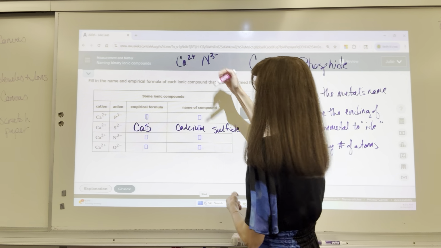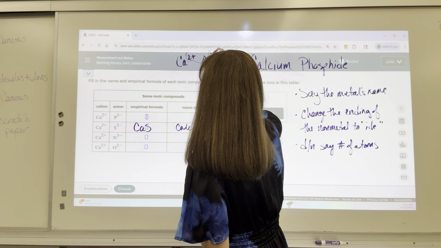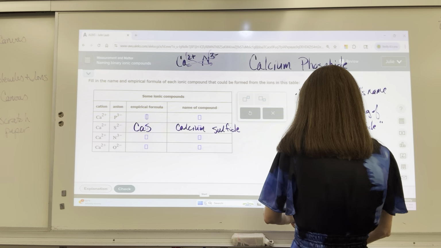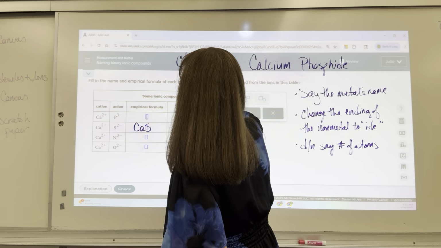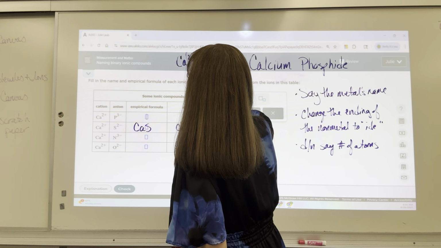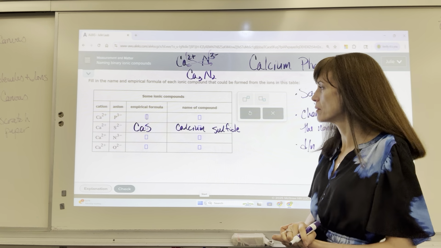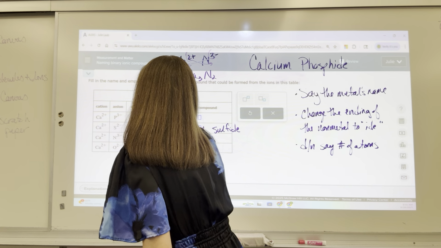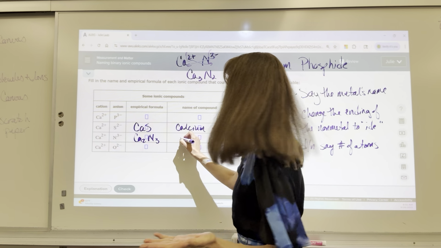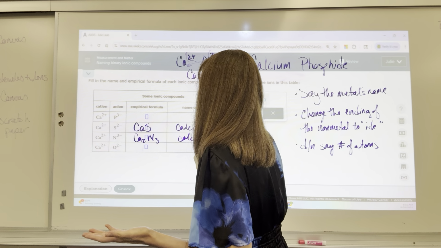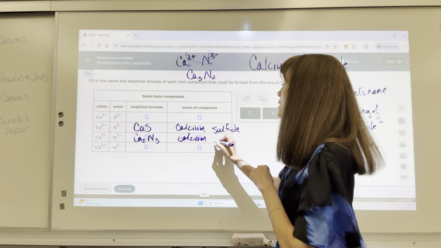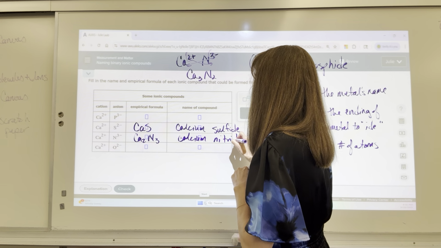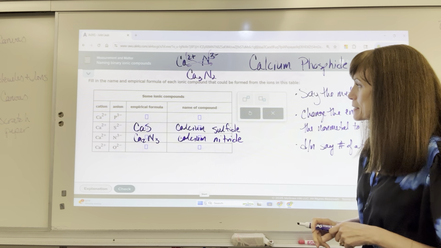We'll cross down our charges, cross down that 2, cross down that 3, and we end up with Ca3N2. Beautiful, what a pretty compound. And then name this with me. Say the metal's name, calcium, and then again the nitrogen changes to nitride, nitride right there.